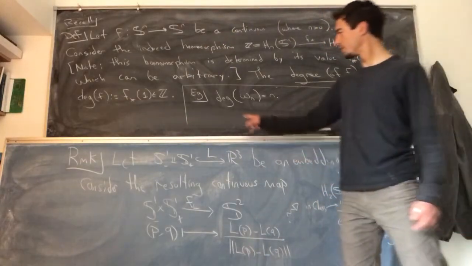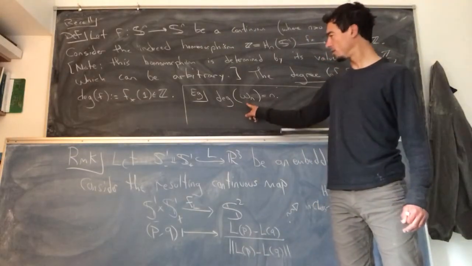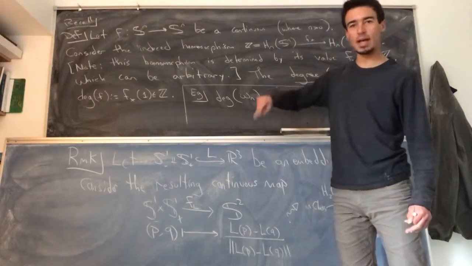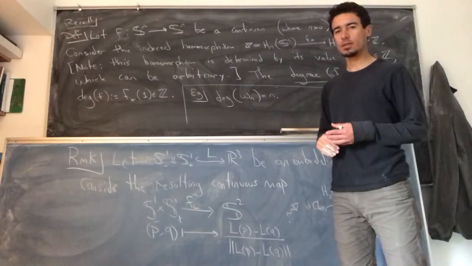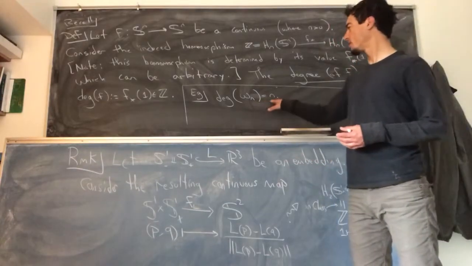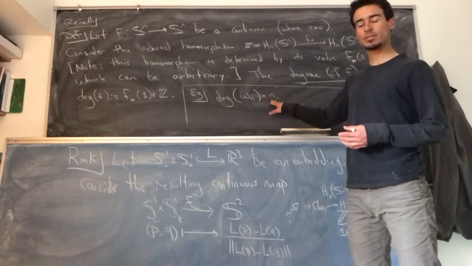As a quick example, what is the degree of omega n, the winding by n map from the circle to the circle? In that case, the degree is just equal to n.